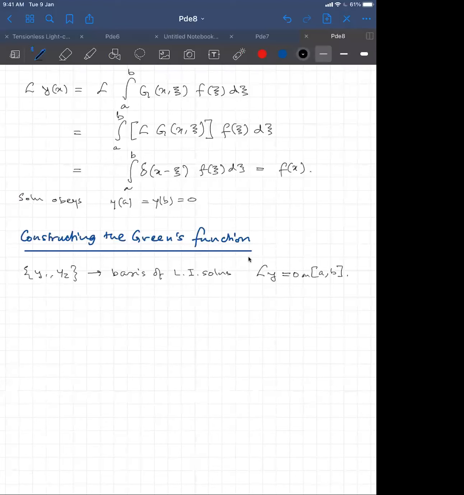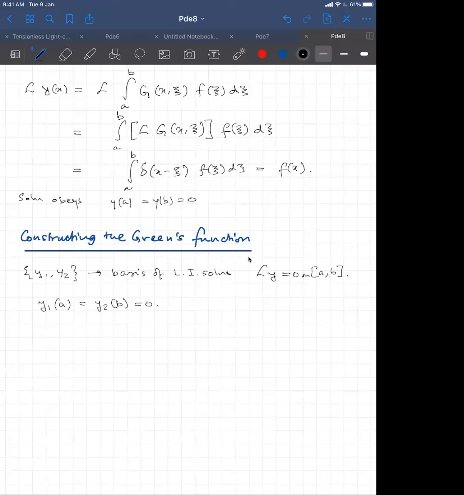Now we define this basis by requiring y1 of a is equal to y2 of b is equal to 0. Each of y1 and y2 obeys one homogeneous boundary condition.